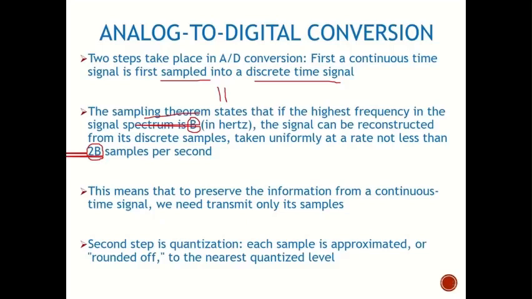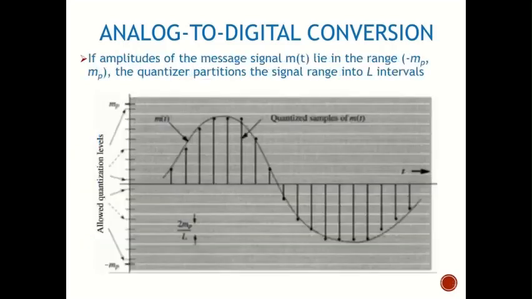Then the second step is to quantize this signal. The samples are quantized. This figure shows the process. You can see on this axis we have the samples, right? Each sample has a different value depending upon the signal. The analog signal in this case is a sinusoidal signal, and this is the range of values that we can assign to each level.